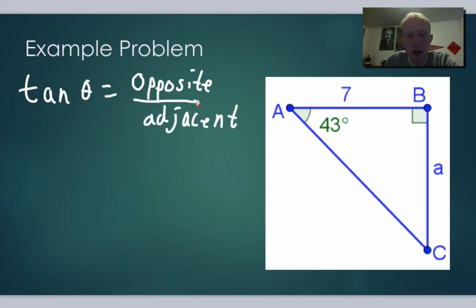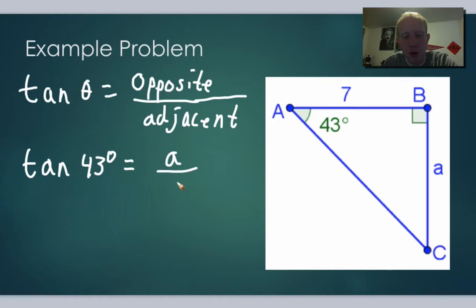We get tangent of 43 degrees equals A over 7. We times the 7 to that side, so we get 7 times tangent of 43 degrees equals A.